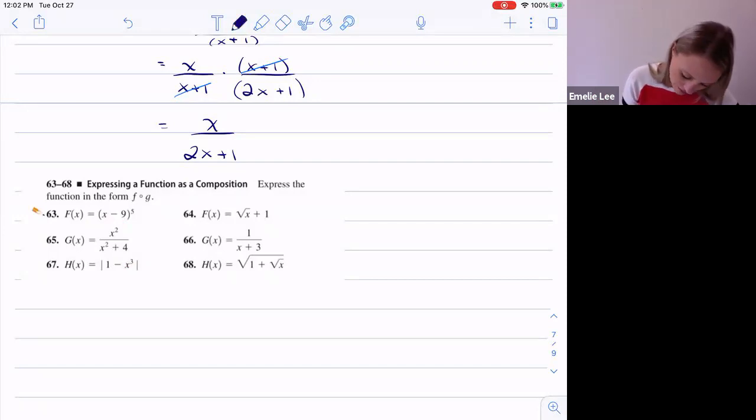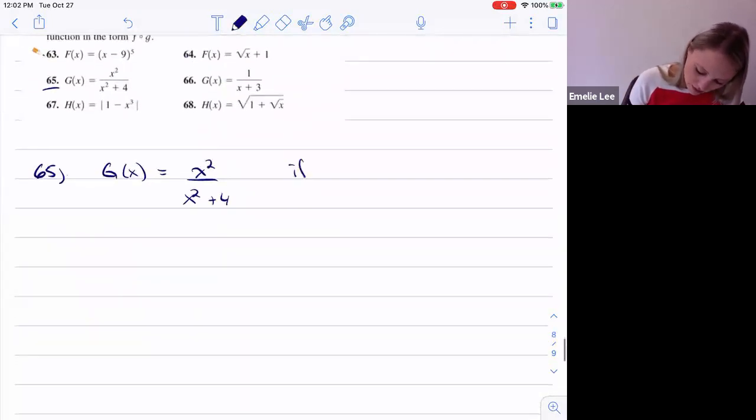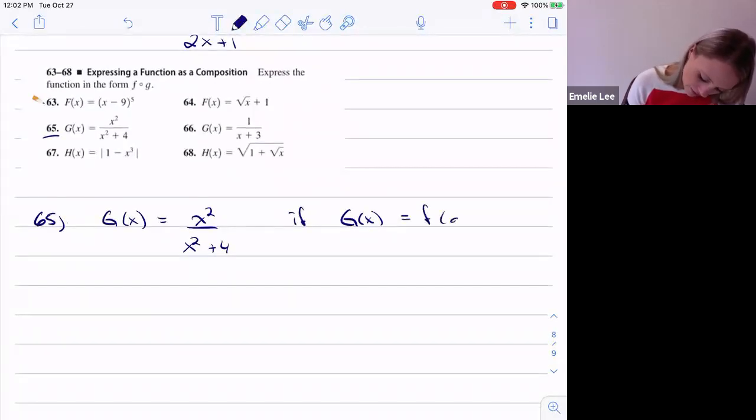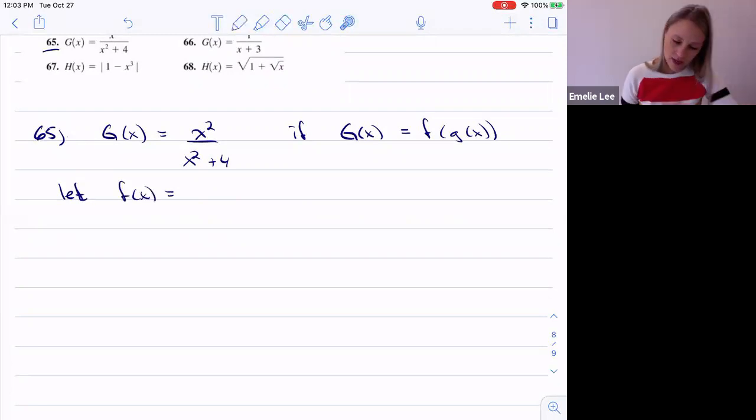So if we look at something like 65, it says G of x is x squared over x squared plus 4. If capital G of x is f of g of x, that's what we're trying to force here. Let f of x, the outside function, have g of x inserted into it.